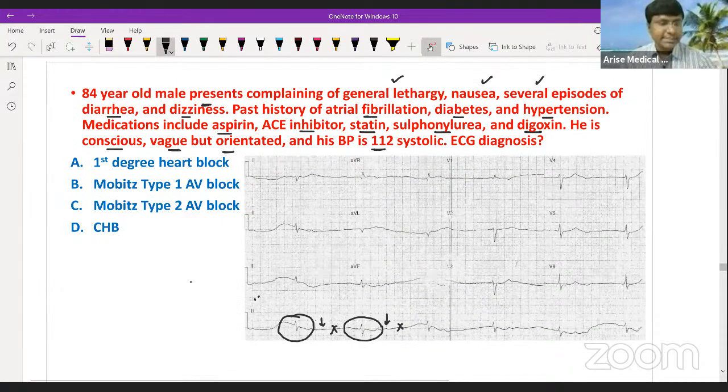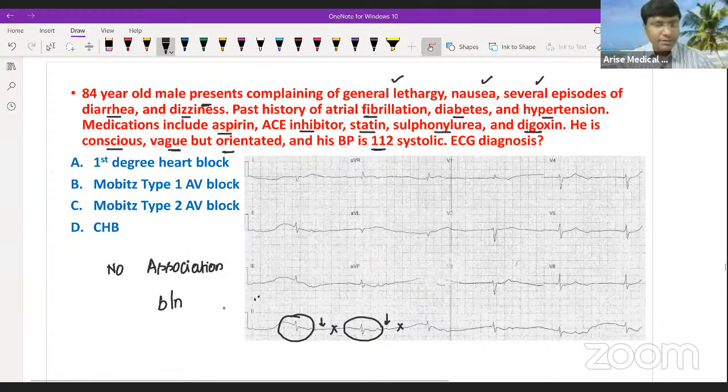Here, there is no association between the atrial complexes and ventricular complexes. There is no association at all between the atrial complexes and ventricular complexes. And here also you see there is PQRST complex and you have a P wave and no QRS complex.